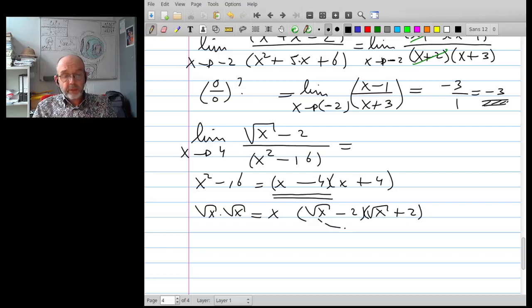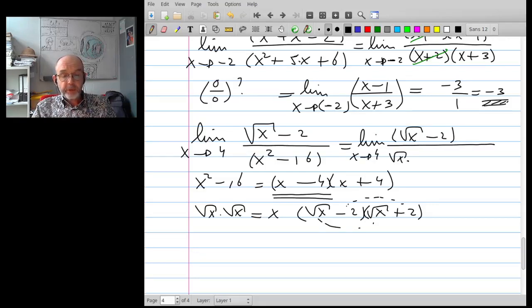Look for yourself: the square root of x times the square root of x gives you x, the minus 2 times the plus 2 gives you minus 4, and the other two terms fall away. So we can rewrite this expression as square root of x minus 2 divided by square root of x minus 2 times square root of x plus 2, and then x plus 4.